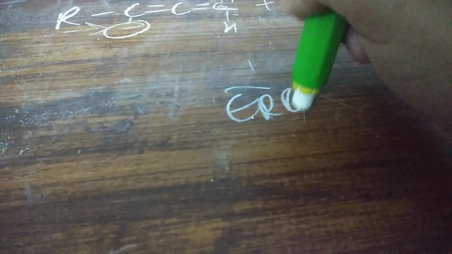If H goes from here, the carbanion formed wouldn't be very stable. It's inverse to ERG, electron releasing group. The reason is the same: if we make a carbanion here, it would be very unstable, so why would it give its H?